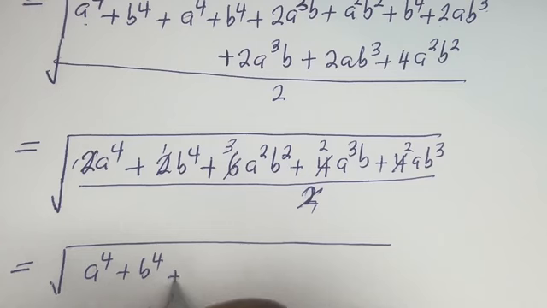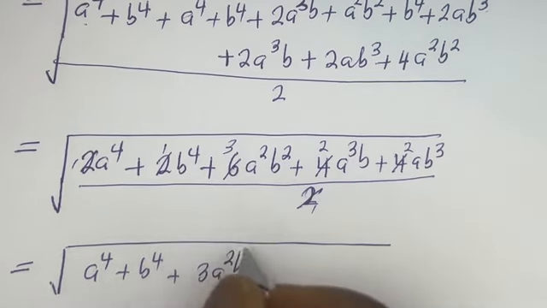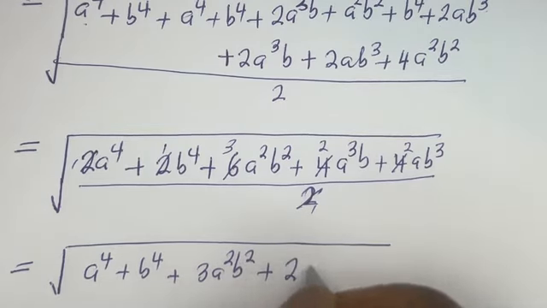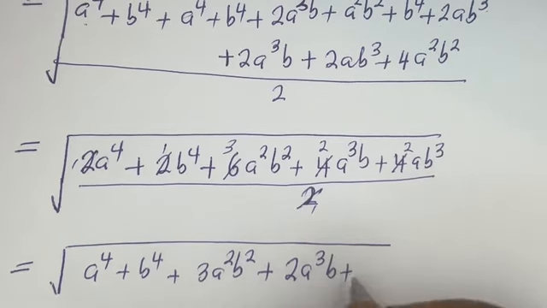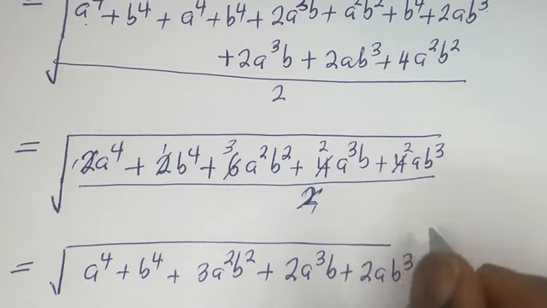Then plus 3A square B square plus 2A to the power of 3 B plus 2AB to the power of 3.